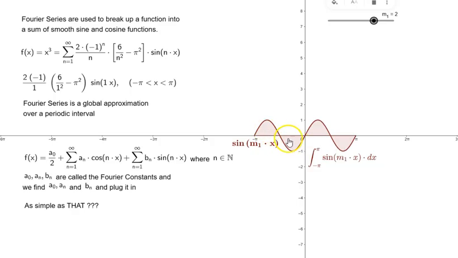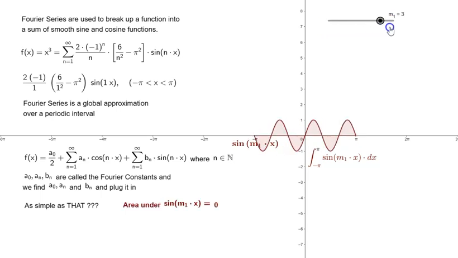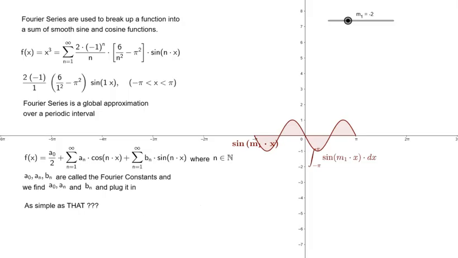So this will cancel this, because they are equal to each other. So the overall area would be 0. Now it doesn't matter what the value of m1 is. It will always be 0. Either it will actually be 0 or there will be cancellations. So that was sine m1 x.